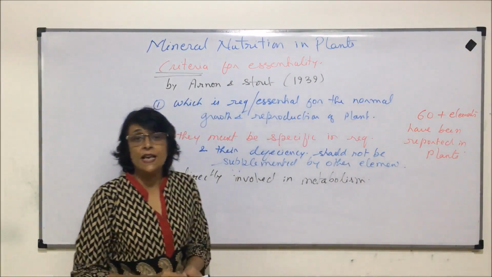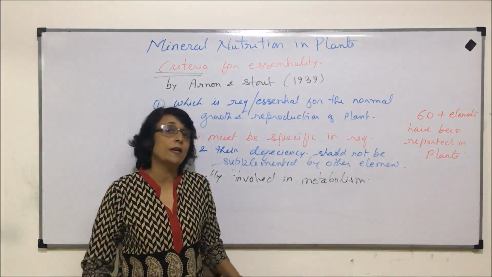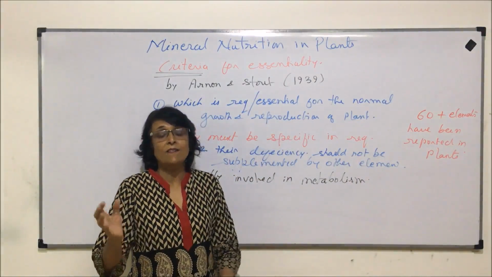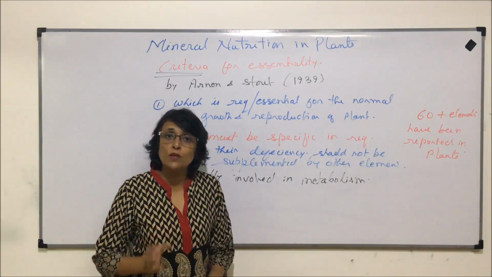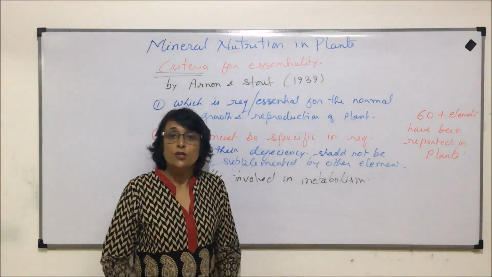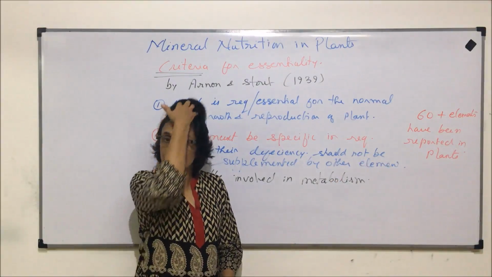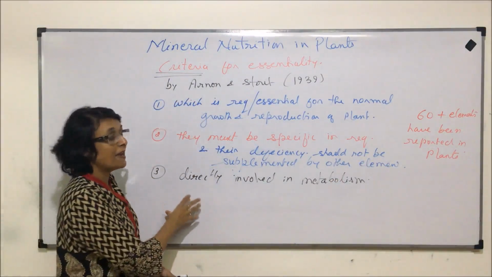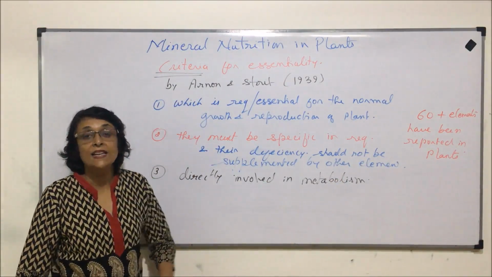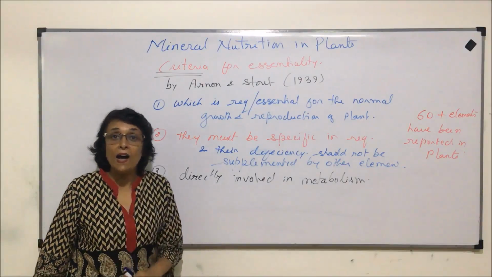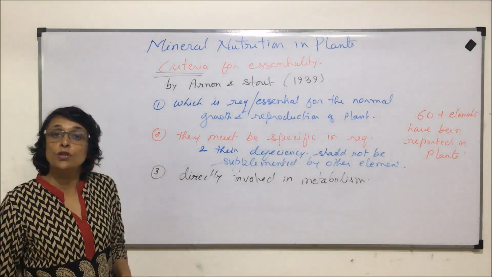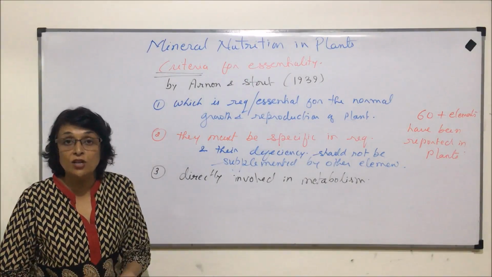For many of these elements, we don't even know what role do they play. They have just passively moved from the soil into the plant. So there are 60 plus elements which have been reported in the plant. 17 have been considered as essential. And how have we reached to this conclusion that they are essential?